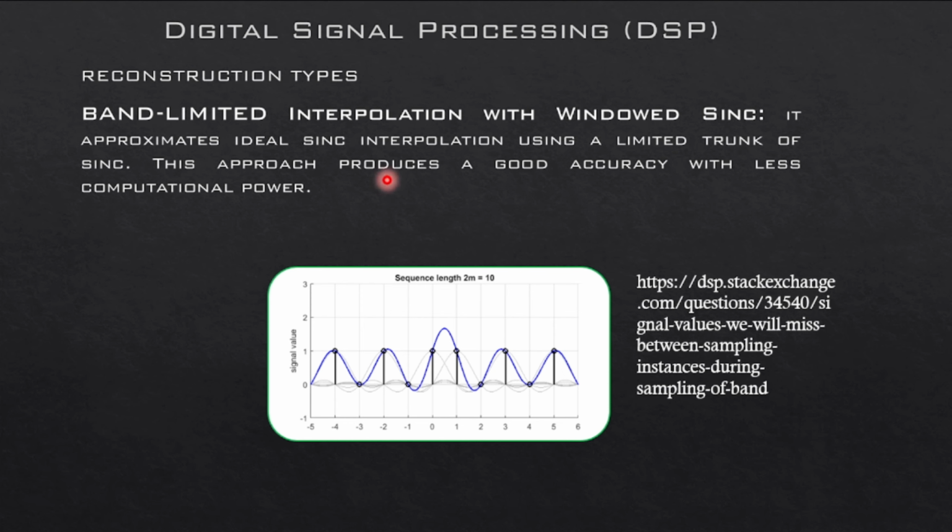It approximates ideal Sinc interpolation using a limited chunk of Sinc. This approach produces good accuracy with less computational power requirements. That's the advantage, because you're not processing to obtain a curve. The Sinc wavelet is a curve on its own.